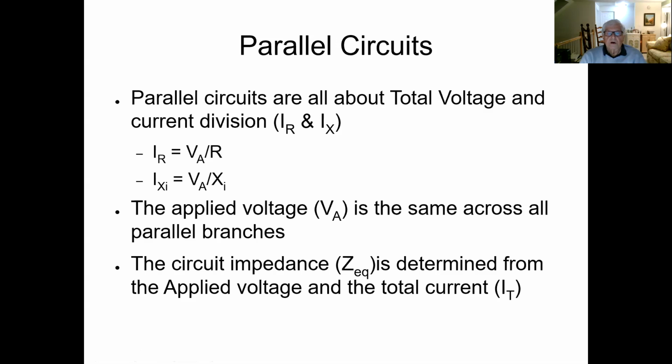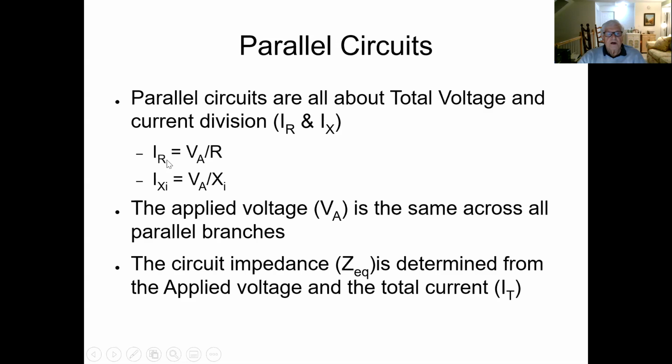Parallel circuits, though, are all about total voltage and current division. In other words, we have voltage being supplied to the different branches of a parallel circuit. So each branch has the same applied voltage, VA.